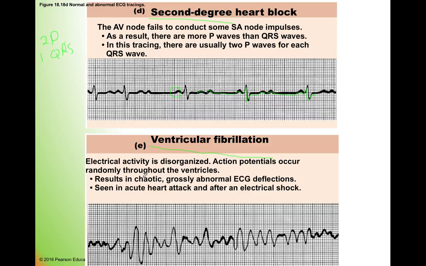This is typically seen in people who have acute heart failure or acute heart attack, or when there is an electrical shock which causes the electrical impulses of the heart to go haywire.